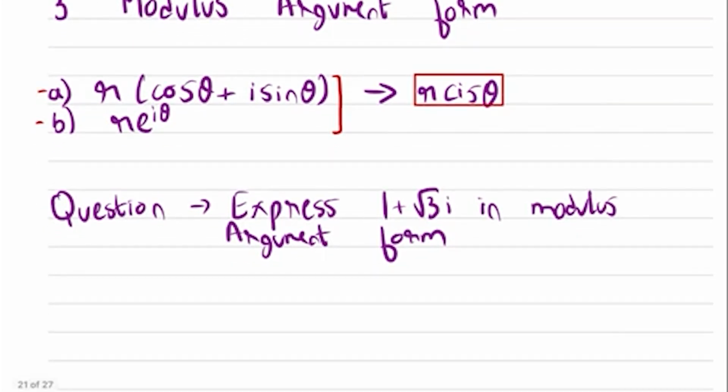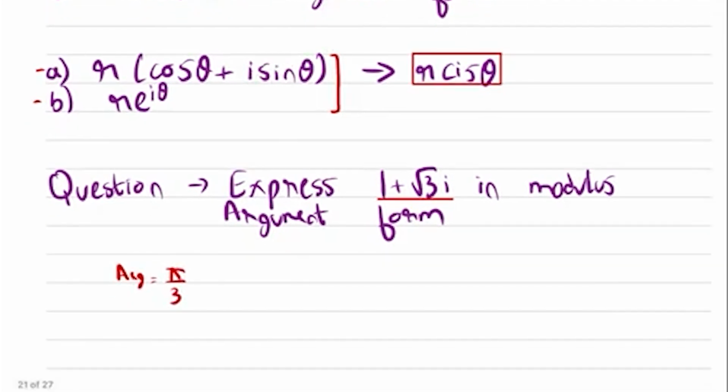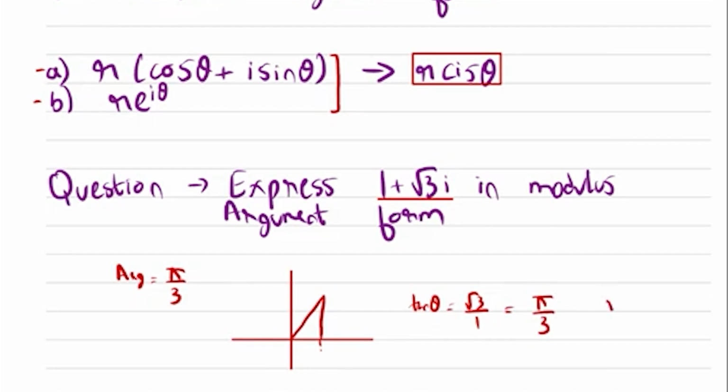Let's do this one. 1 plus under root 3 iota. So its argument we found earlier was pi upon 3. How? If we draw this, it was here, 1, and under root 3 it was here. So tan theta is equal to opposite over adjacent. That was pi upon 3. Got this? Now, r, let's find that.